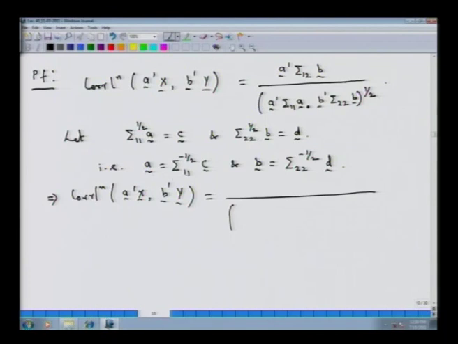Now, sigma 11 half A is equal to C, so C prime is A prime sigma 11 to the power half. So, this just is equal to C prime C.